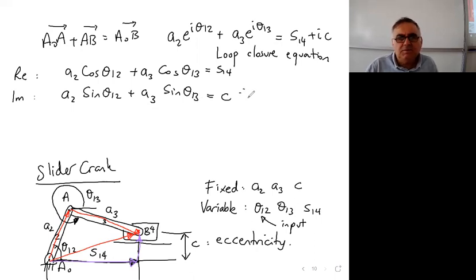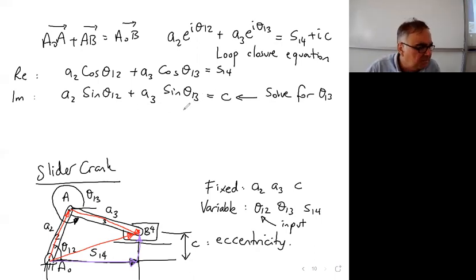Well, actually, this is an easier equation. You can simply solve for theta 1, 3 from here, because theta 1, 2 is given, C is a constant. Theta 1, 3 can be solved simply from this. It's a nonlinear thing, but it can be solved. And if you can solve for theta 1, 3, substitute it into here and solve for S14.